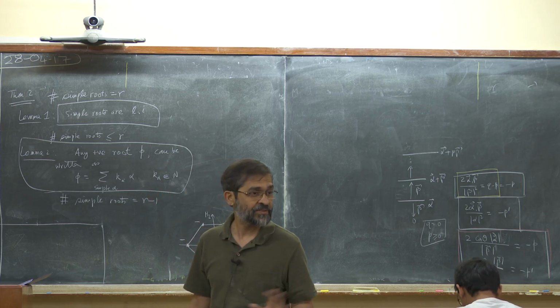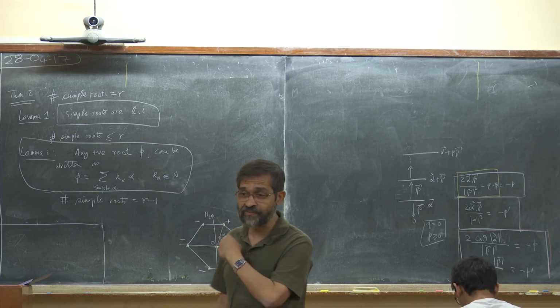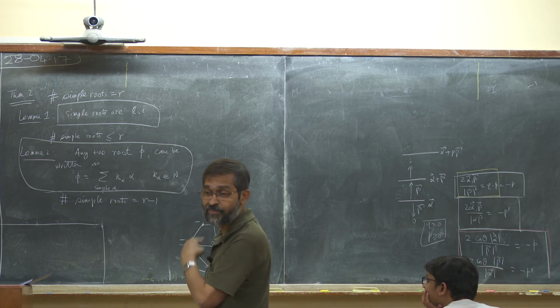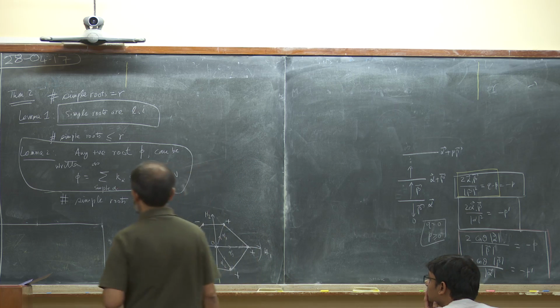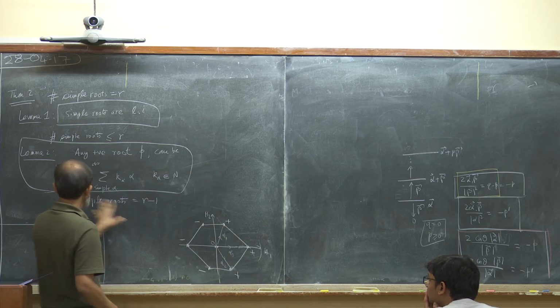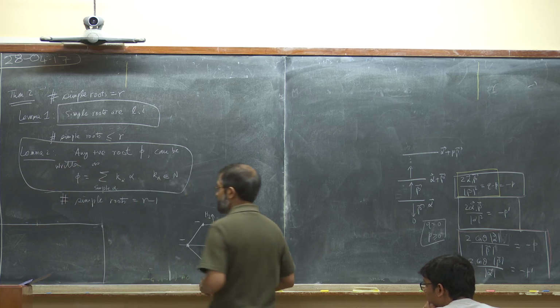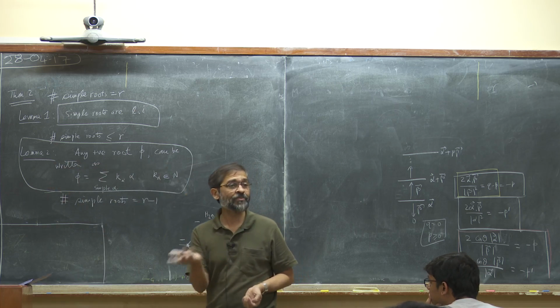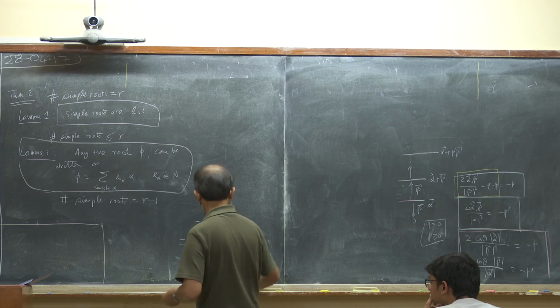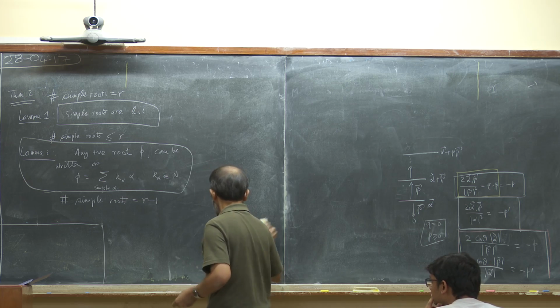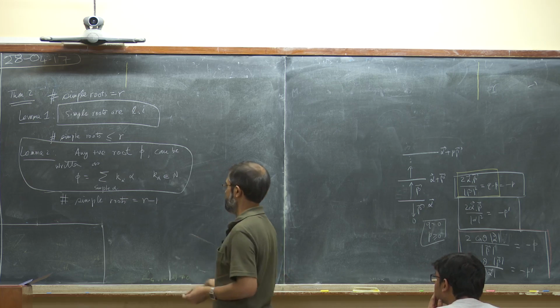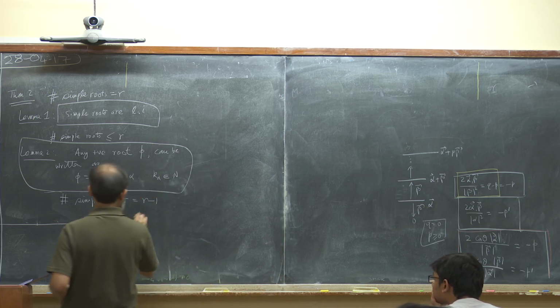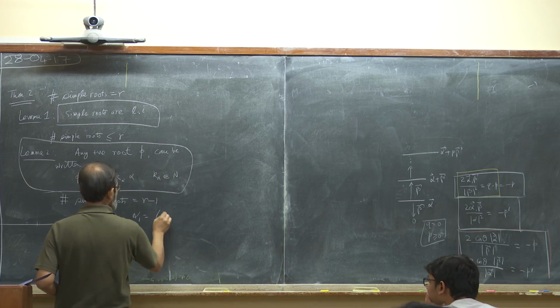This is one of the places where we are actually going to non-trivially use the fact that it is a simple Lie algebra. Okay, let us see how. We say that the number of simple roots is actually r minus 1. Now we can choose some basis in which all simple roots look like the following.